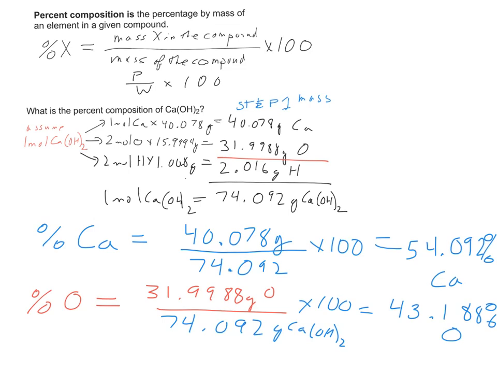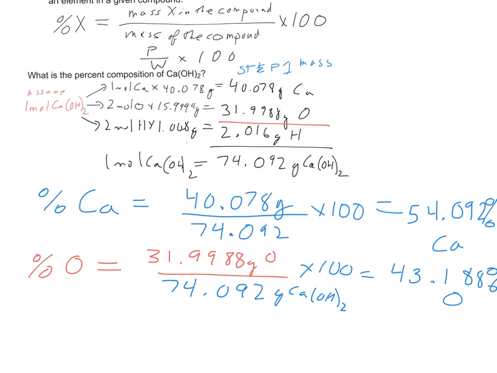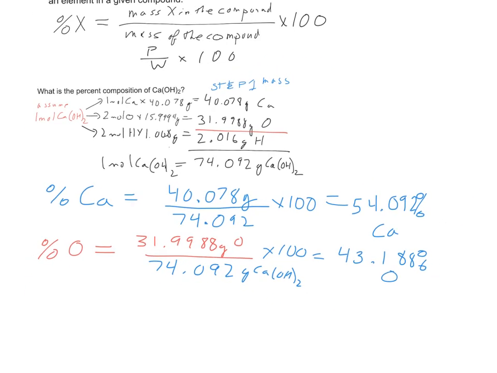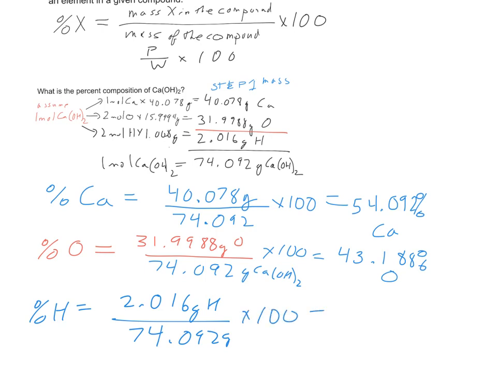Percents have to add to 100, right? So I could do it that way. Or if I wanted to, I could complete the process, and I could say my percent hydrogen is equal to my mass of hydrogen divided by my mass of calcium hydroxide times 100, which is 2.721% hydrogen.